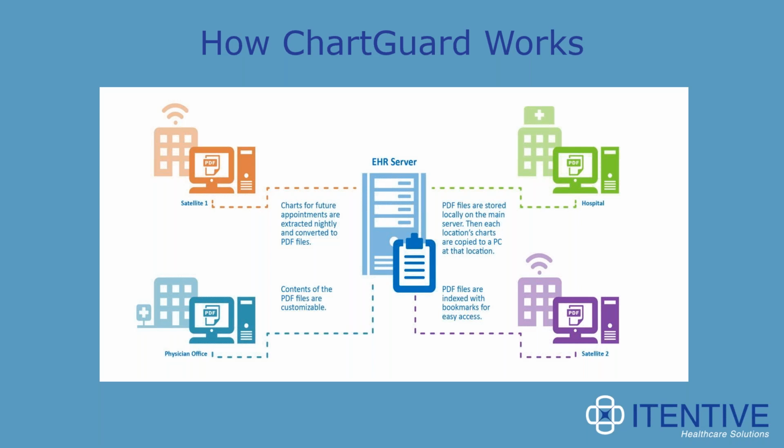From that schedule, it looks at the people coming in for the next several days. What it'll do then is take their clinical information out of the database, create PDF files of that clinical information, and push those PDF files out to each of your locations.